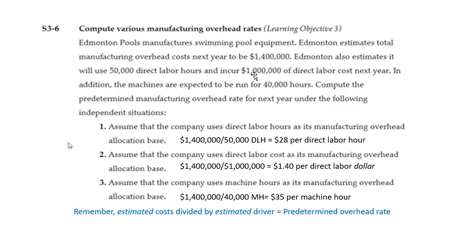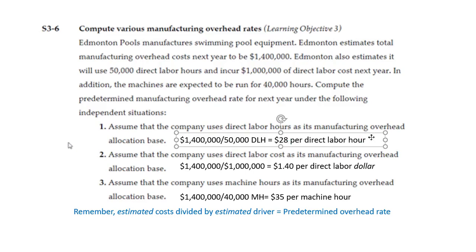They'll have $1 million worth of direct labor cost, and the machines are expected to run for 40,000 hours. To compute the predetermined manufacturing overhead rate, if they use direct labor hours, it's $1.4 million divided by 50,000 direct labor hours, and that gives us $28 per direct labor hour.